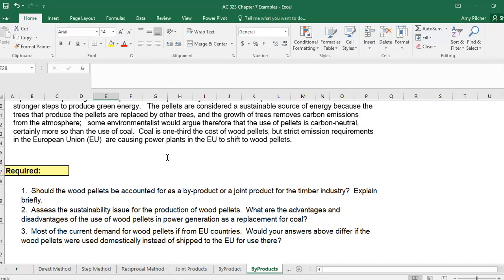Second, we look at the sustainability issue for the production of wood pellets. What are advantages and disadvantages in the use of wood pellets in power generation as a replacement for coal? So we have environmentalists that argue that wood pellets are a green source of energy.